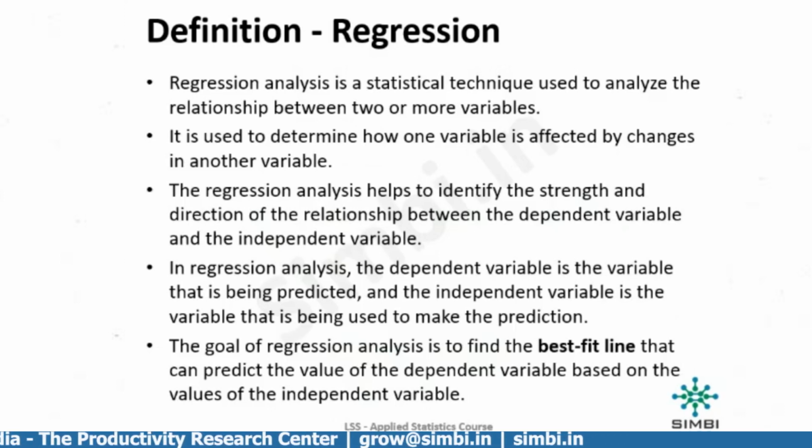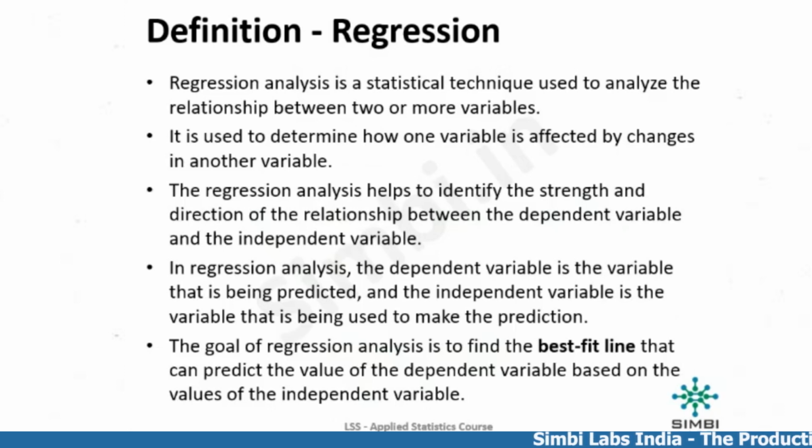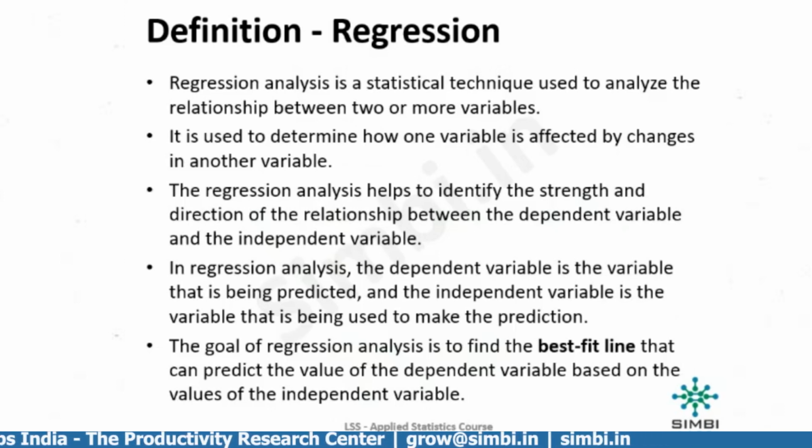So regression means one variable is dependent on another variable. It is a measure of the relationship between those associated variables. In this statistical tool, we study the nature and extent of the functional relationship between two or more variables, and we can predict the unknown values of the dependent variable also.